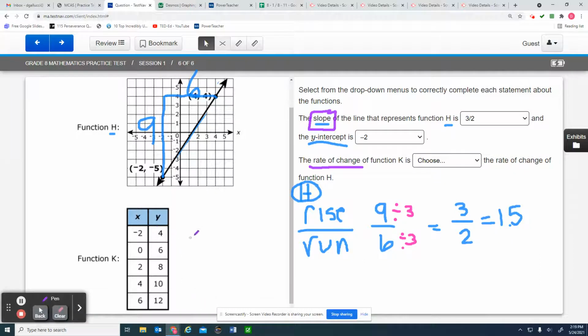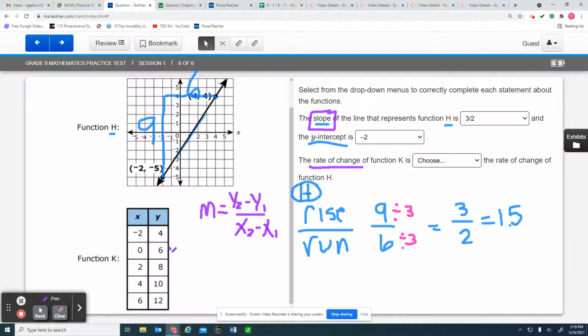And the way I like to find slope is to use the slope formula. It says y2, so a y-coordinate, minus y1, divided by x2 minus x1. It looks pretty complicated, but really it's just asking you to pick 2 values here.